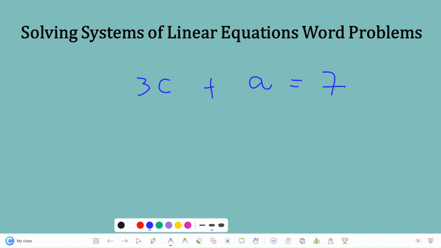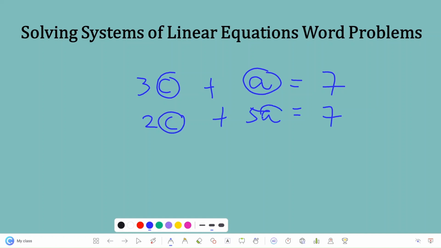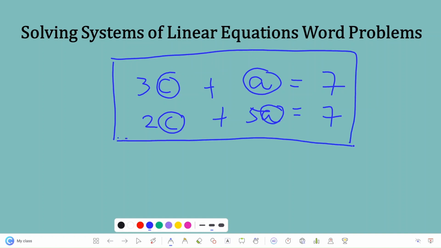And then another here is 2c plus 5a is equal to 7. Okay? So dito mapapansin niyo na c at a lang ang variable. Sa second equation is c and a lang ang variable. So this is considered as a system of linear equation.